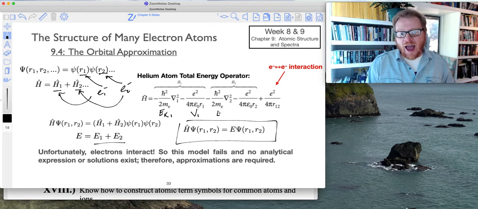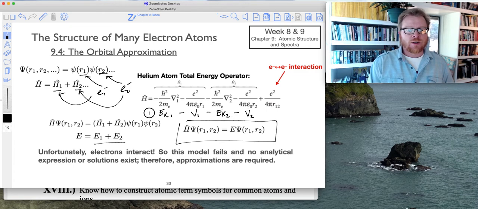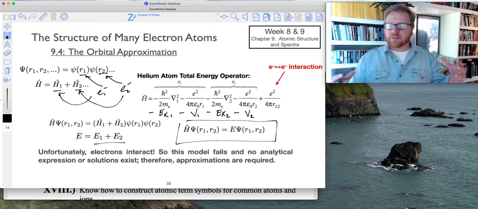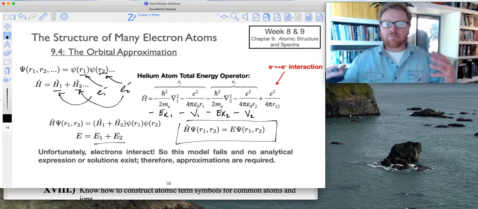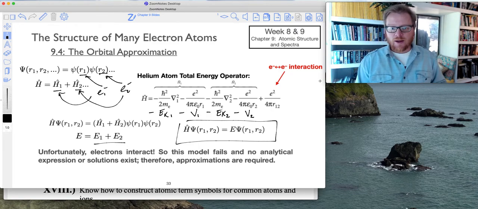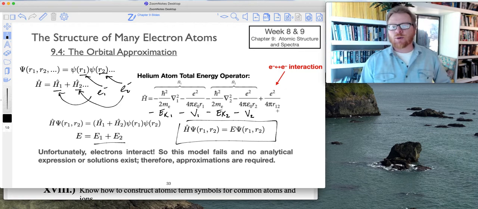Then we also have a kinetic energy term for electron number 2, as well as a potential energy term for electron number 2. So let's put all of those subtraction signs. We're seeing kinetic energy and potential energy for electron number 1, kinetic energy and potential energy for electron number 2. But now, what about this other term right here?